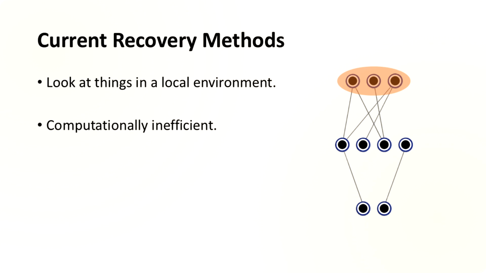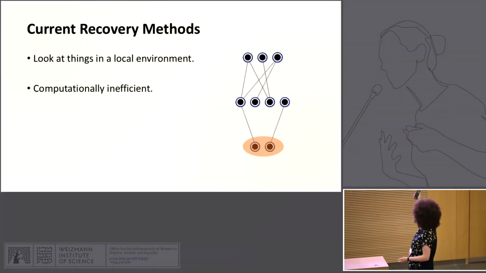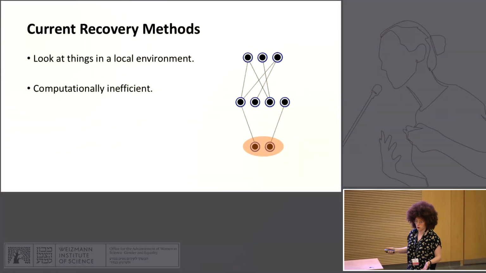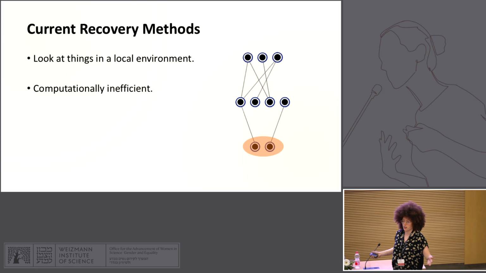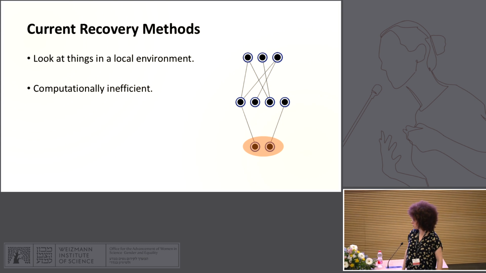I solve the equation around these three neurons. I then move on to the next set of neurons, and so on and so forth. And I get to some sort of solution, right? I recover. But it is easy to imagine why this solution might be suboptimal, since this entire thing is one giant equation. It's not three sets of independent equations.